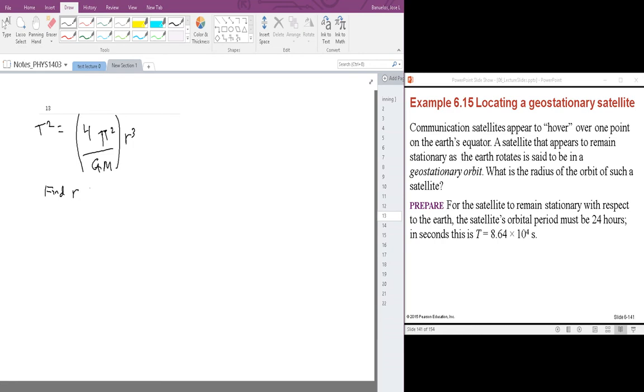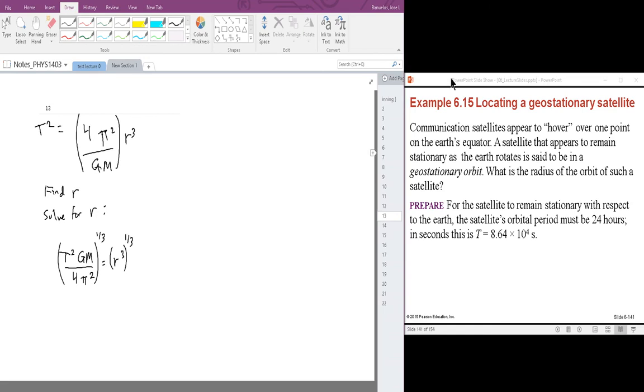So we're going to rearrange this equation. We're going to solve for r. And so when we do that, we're going to have an expression that has T squared times GM over 4 pi squared. That's going to give us r cubed. Then we have to multiply both sides by 1/3.